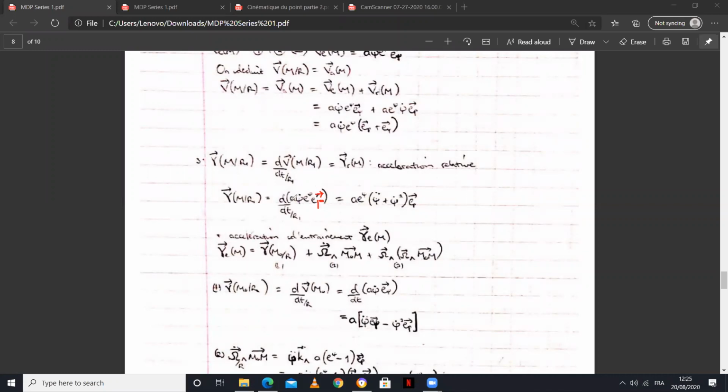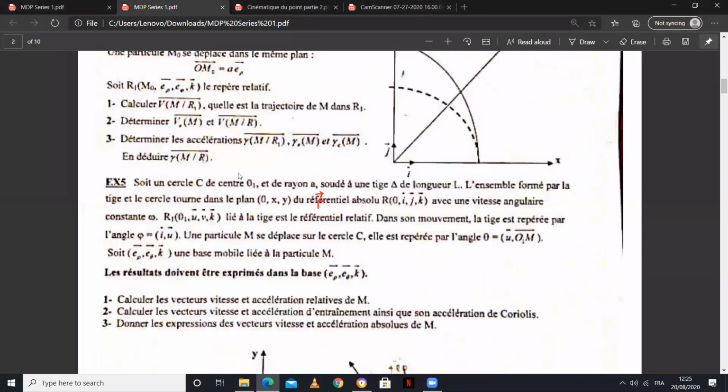So we have A. Is A varying with respect to time? It's an open question for you guys to answer. Is A varying from the question that we have? No. A is constant. It's even written in the question.